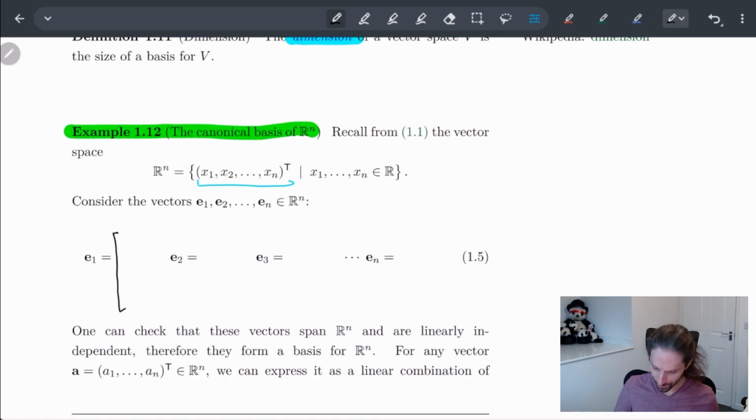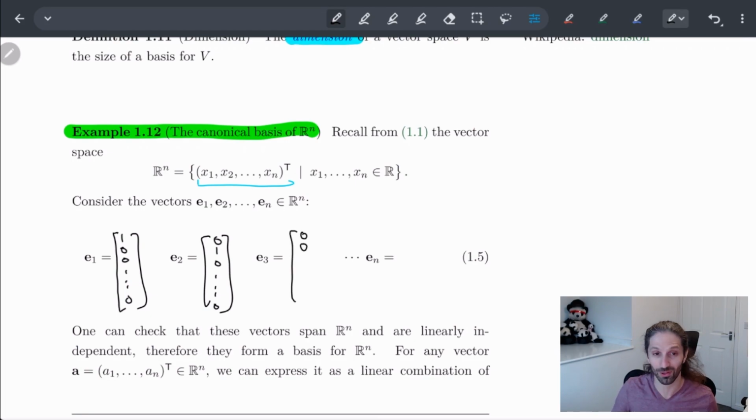So e1 we'll set as 1, 0, 0, 0 all the way down. e2 is going to be 0, 1, 0 with zeros all the way down. e3, can you guess what this is going to be? 0, 0, 1, 0 with zeros all the way down, all the way up to en.